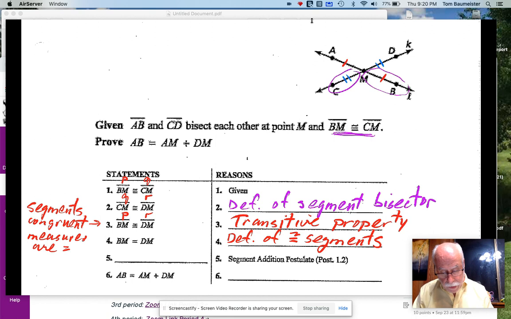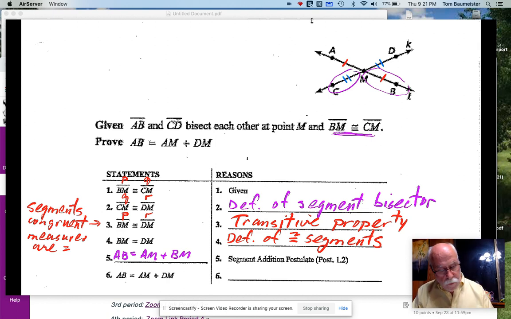So we can state that AB is equal to AM plus BM.